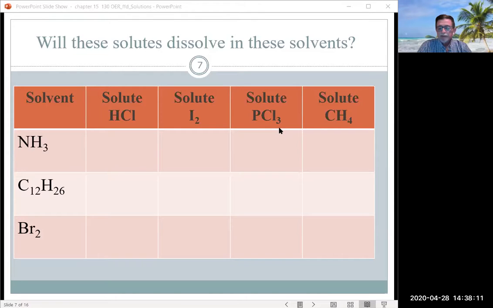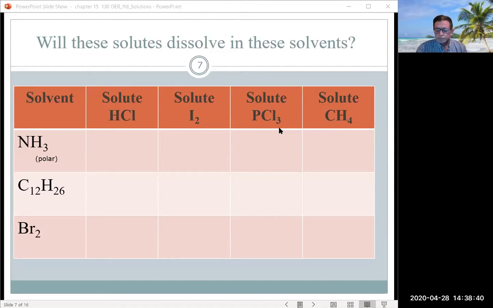Before we can decide if they're going to dissolve, you have to first determine whether each molecule is polar or not. Top left corner of the solvents, we had NH3. Recall that we worked that with respect to Lewis dot structures and ended up with a lone pair on the nitrogen, which automatically tells you we have a polar compound.